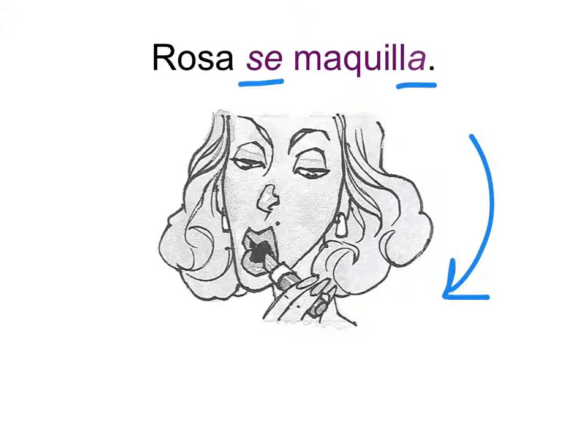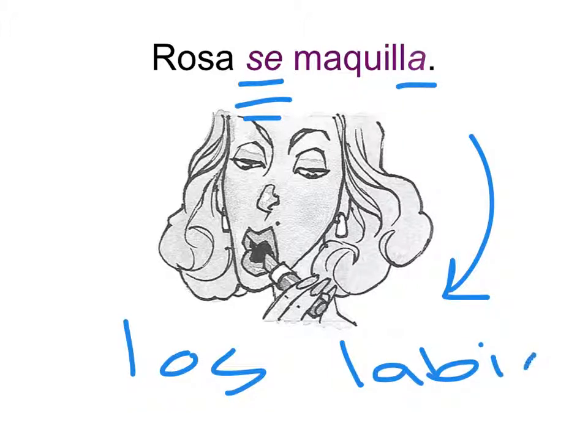Because of the "se", right? The "se" is meaning herself. So if she's putting makeup, for example, on her lips, in English we would use the possessive adjective "her". But in Spanish, for lips is labios, and we'd say "se pinta los labios". We would not use a possessive adjective, "sus labios", because why?